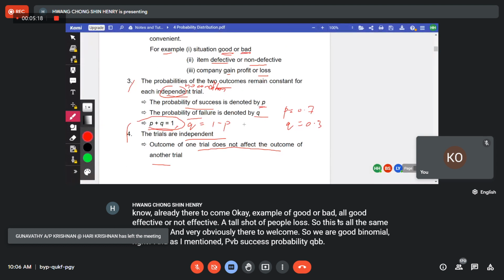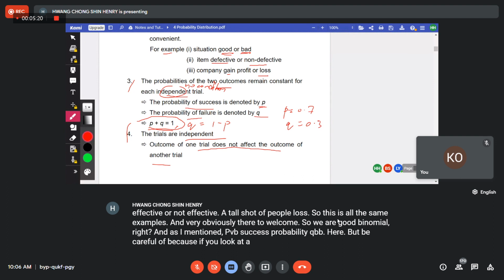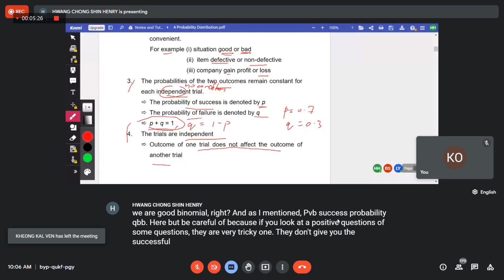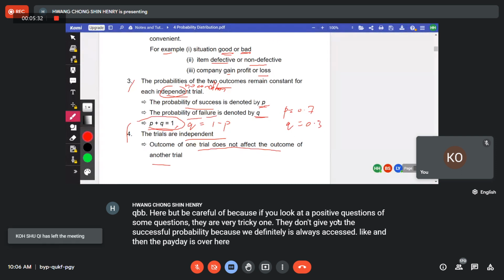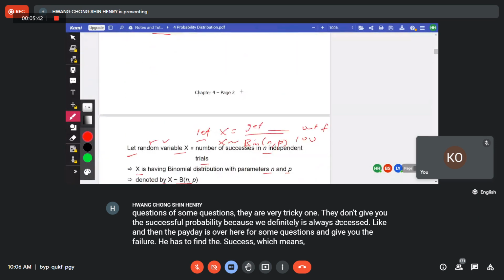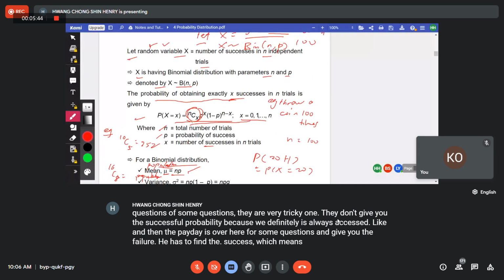But be careful, because if you look at the puzzle questions, some questions are very tricky. They don't give you the success probability, because we define P as always success, right? And then the failure as our Q. But some questions they inverse it. They give you the failure, you have to find the success, which means, remember the formula here? nCx, right?